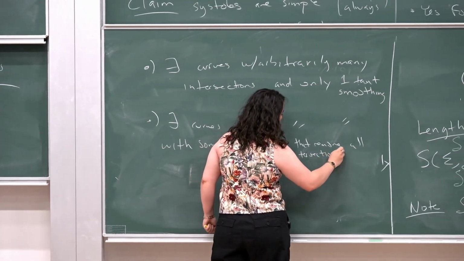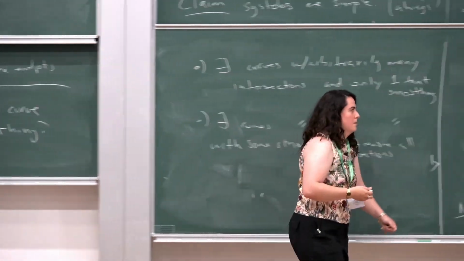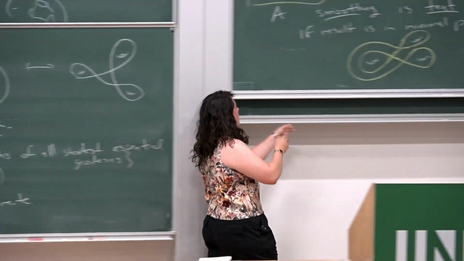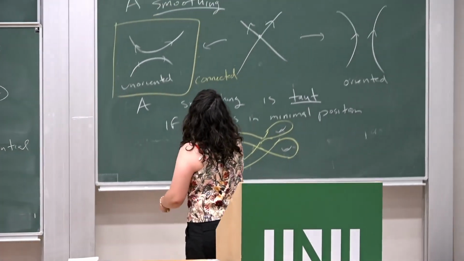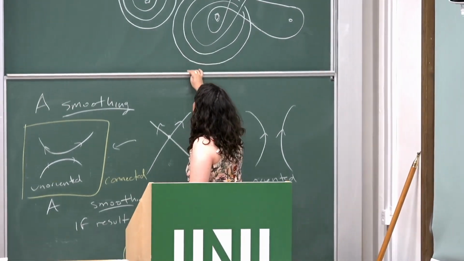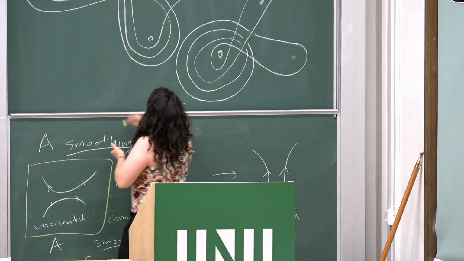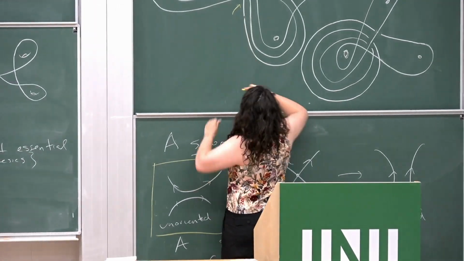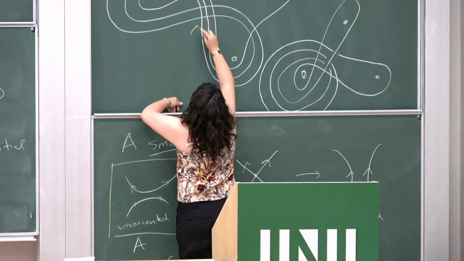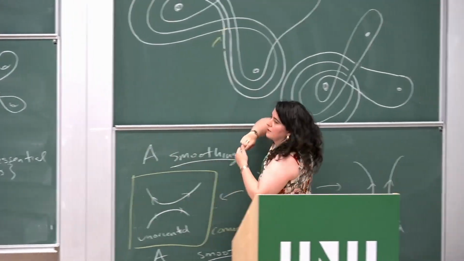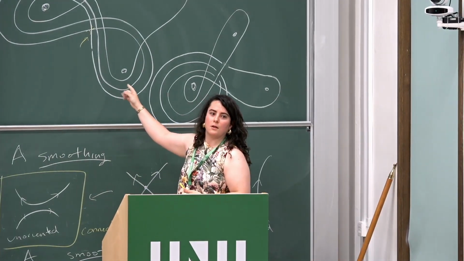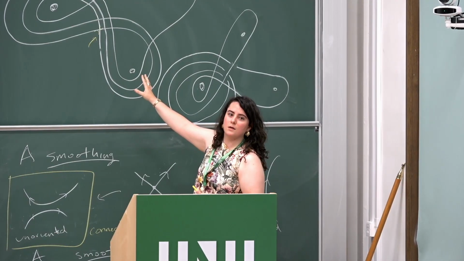Okay, so you don't have to believe me. I have examples. So this curve only has one taut smoothing. It is this one. So if I smooth this intersection like so, that is going to be taut. None of the other intersections work.